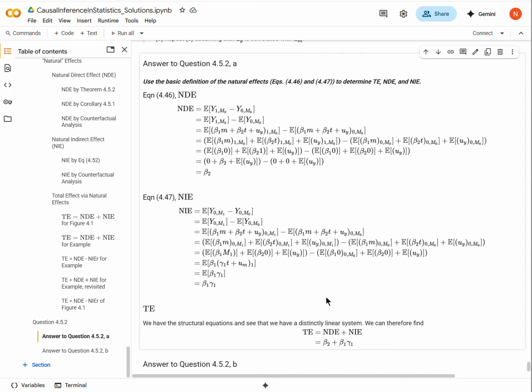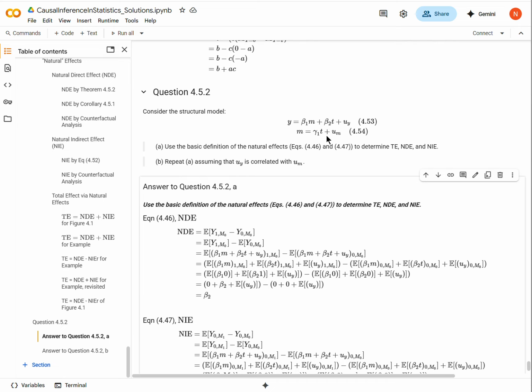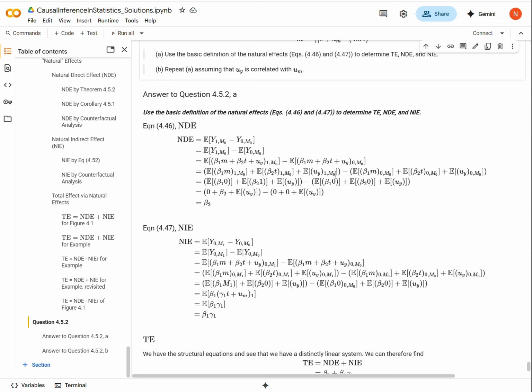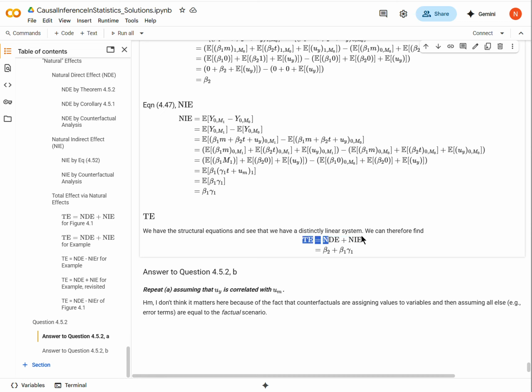Well, if we have a linear system with no interactions or variable-specific effects. If that doesn't quite make sense, go back to the previous video. But we see that we have exactly a linear system here. There are no nonlinear terms in here. So that means that we can use the basic formula, NDE plus NIE.